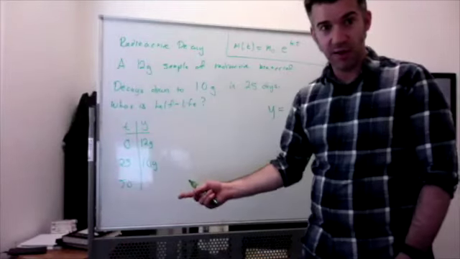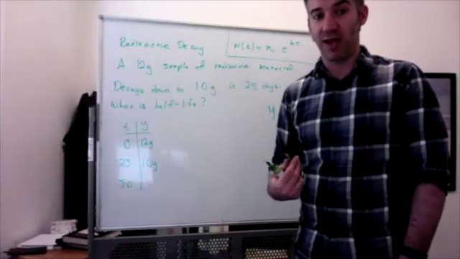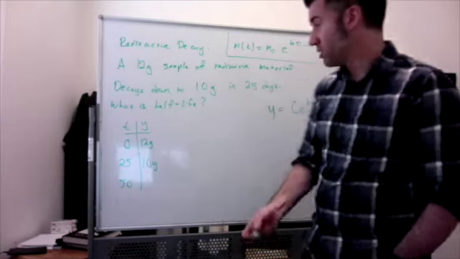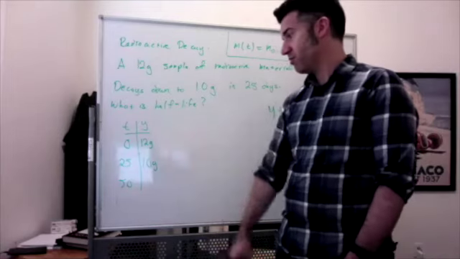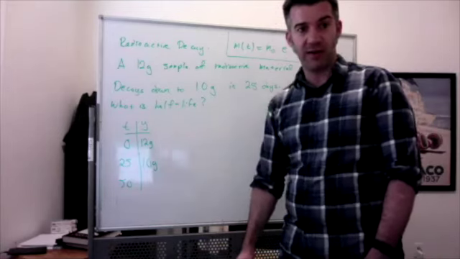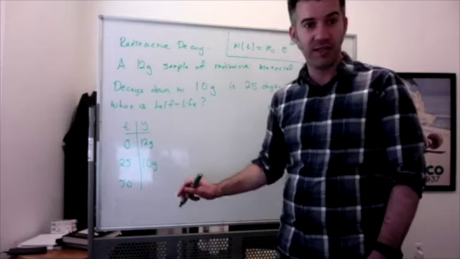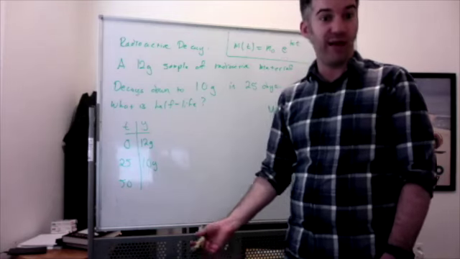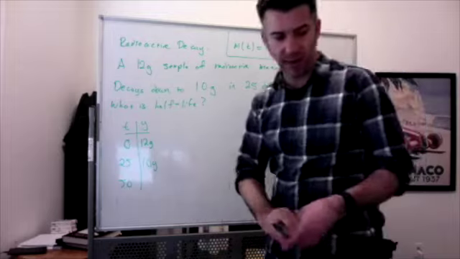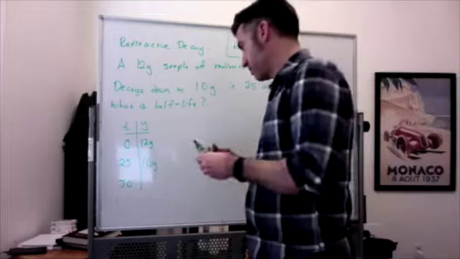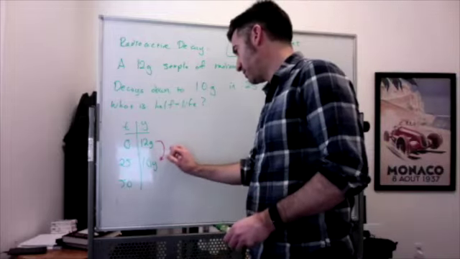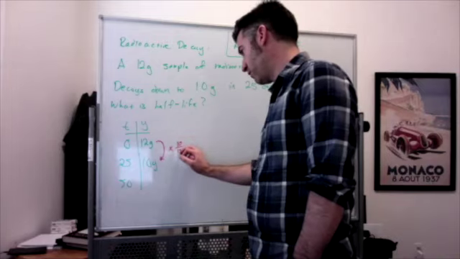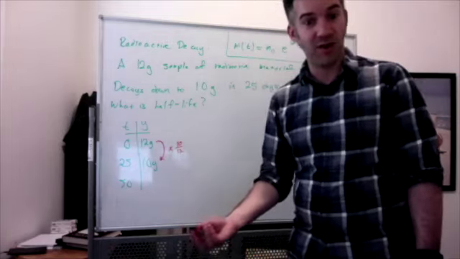Actually, I could tell you how much we have though. If the amount of time is the same, it's the proportion, or the multiplication factor, that you're going to have. So from here to here, 25 days later, I have 10/12 of what I had before, or 5/6 if you want to reduce that fraction. To get from here to here, you times by 10/12. 12 times 10/12 is 10.